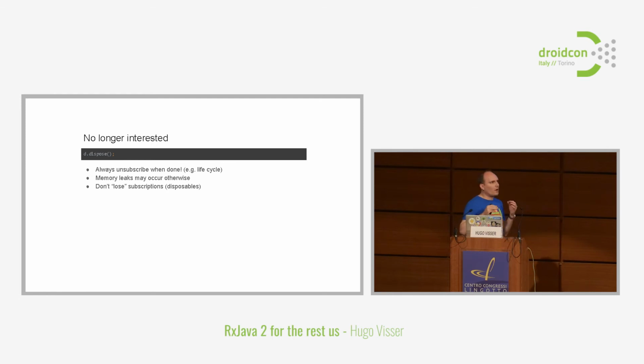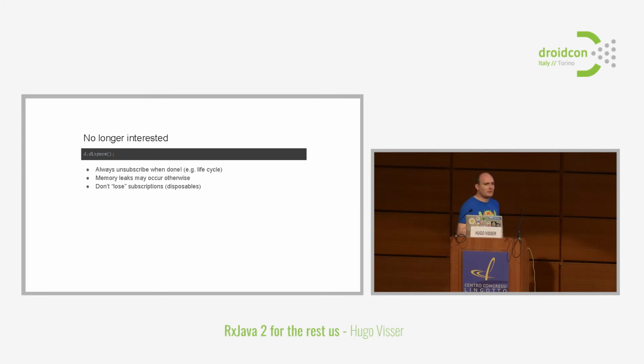Okay, so I mentioned subscription, and I also mentioned that we can unsubscribe, and you should really unsubscribe at the time that you're no longer interested in this observable. One of the reasons could be lifecycle. If you set up this observable in your onStart from your activity, it's very likely that you want to unsubscribe in onStop. If you want to unsubscribe, you just call the dispose method on the disposable object that you got when subscribing.